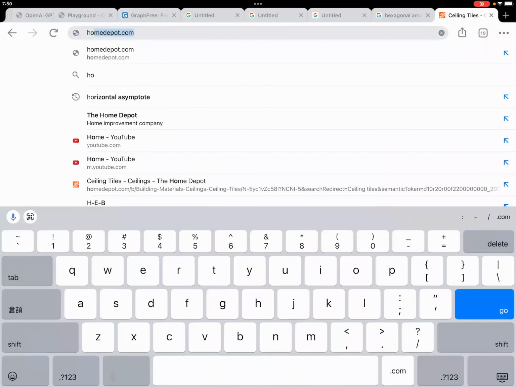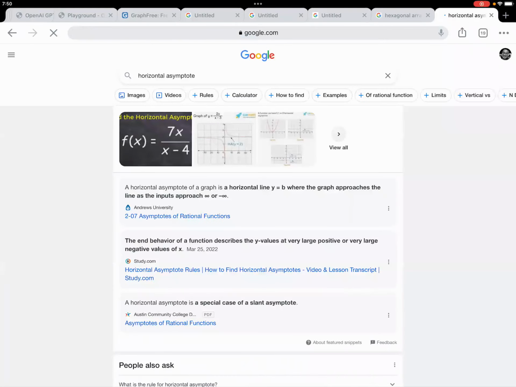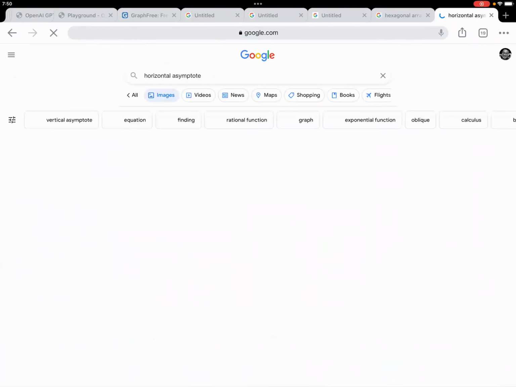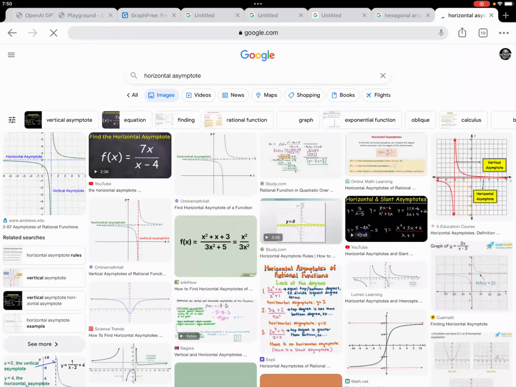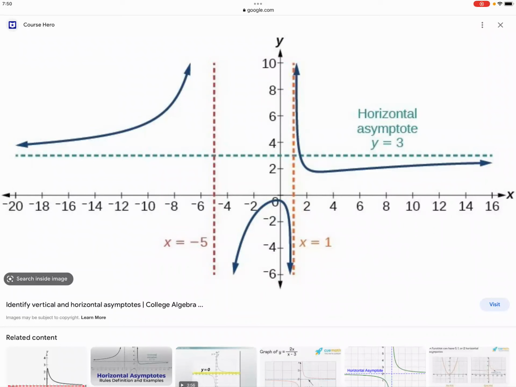Now I'm going to type in horizontal asymptote on Google. I'll show you a picture, and I will ask you a question. Okay, we will see something like this in the future. My question for you is: could the graph cross or touch the horizontal asymptote?